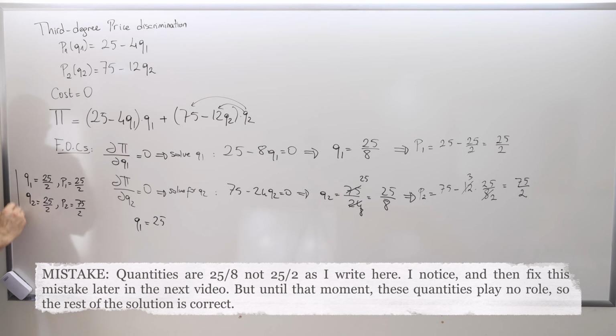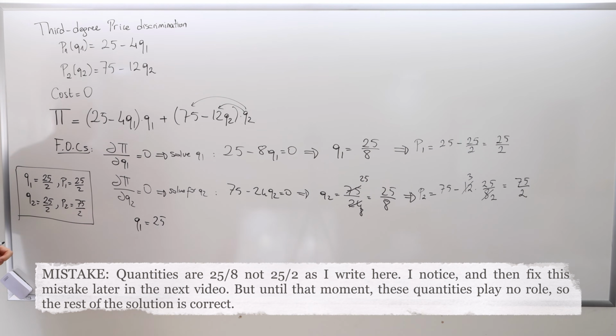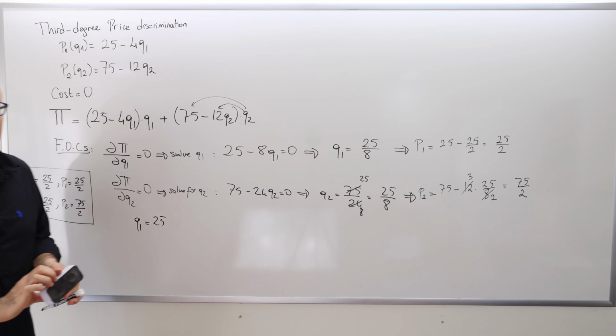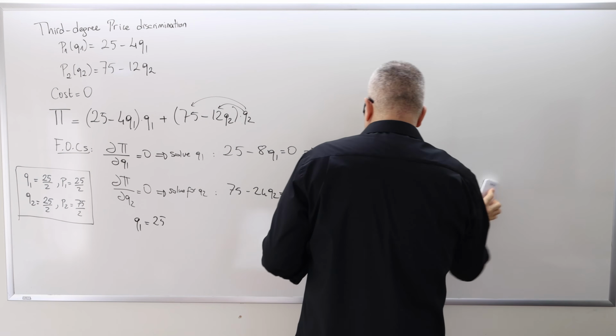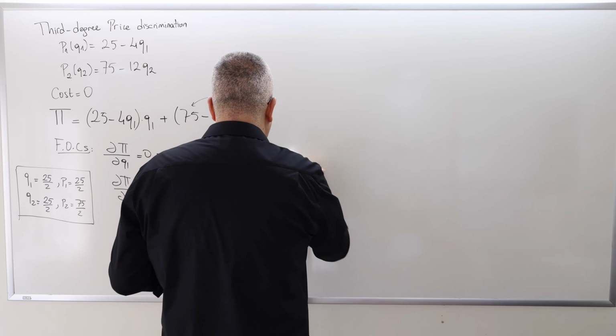If you like, you can just put this all in a square. So this is if the monopolist is allowed to price discriminate between these two groups, third degree price discrimination.